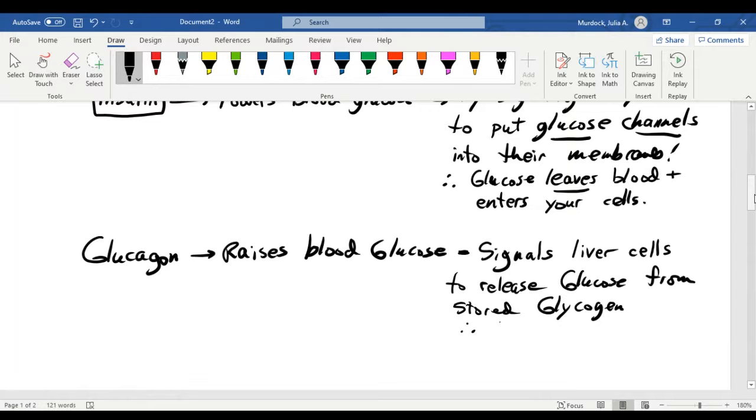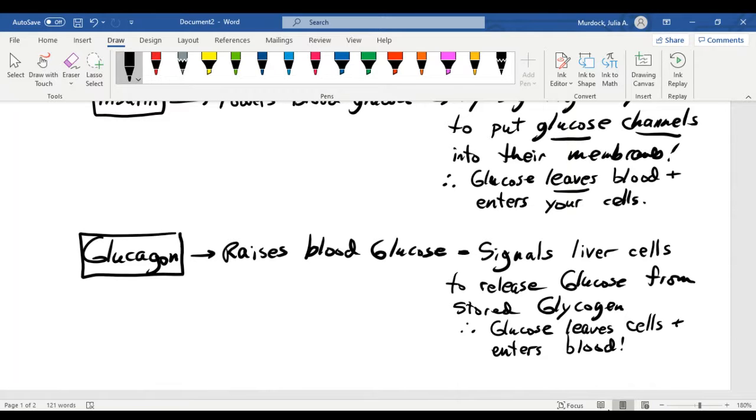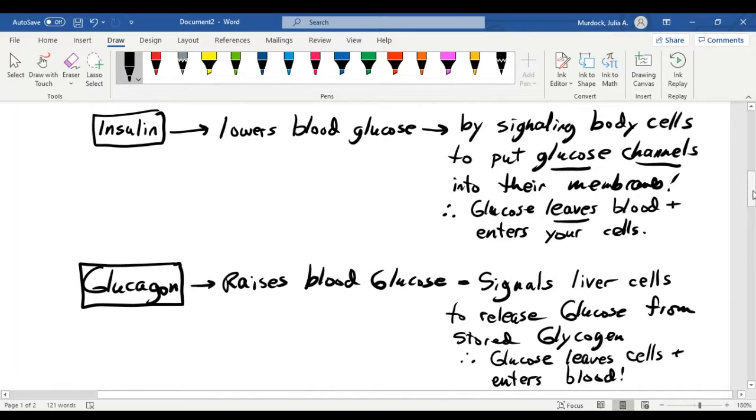Therefore, glucose leaves cells and enters the blood. There. So glucagon has the opposite effect of insulin, right? And it just depends on the pancreas.